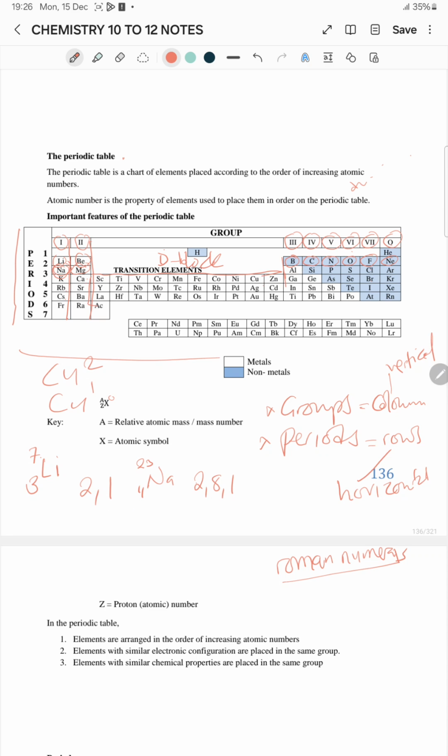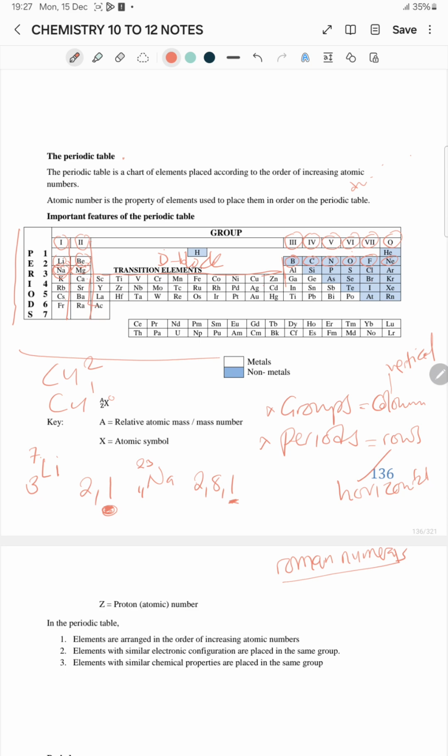I've noticed that in lithium, the number of electrons in the outermost shell is 1. Even in sodium, the number of electrons in the outermost shell is 1. So we check that if the number of electrons in the outermost shell is 1, then it is placed in group 1.